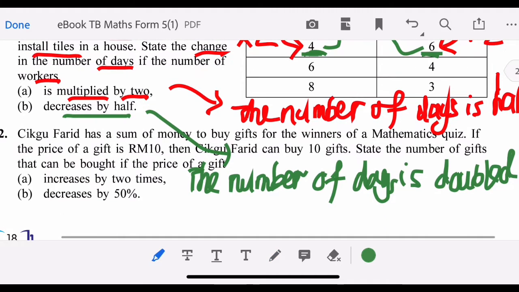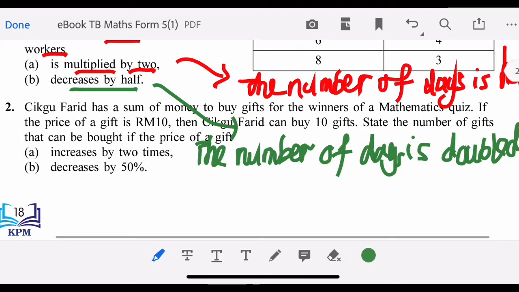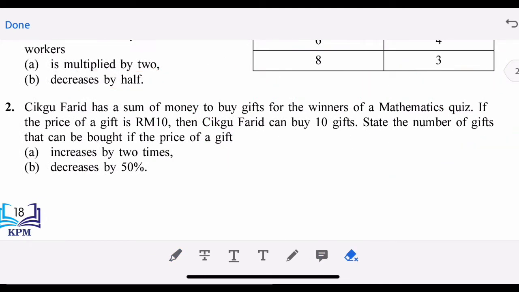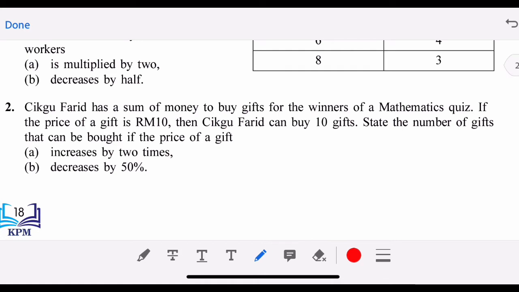Okay, so clear. So now we discuss question number 2, okay, let's clear some space. Cikgu Farid has a sum of money to buy gifts for the winners of a mathematics quiz. The price of a gift is 10 ringgit.